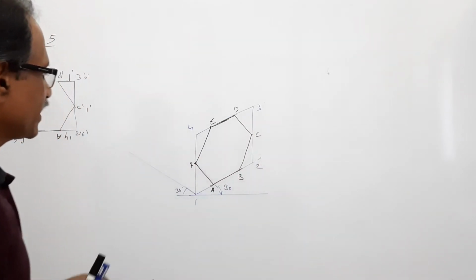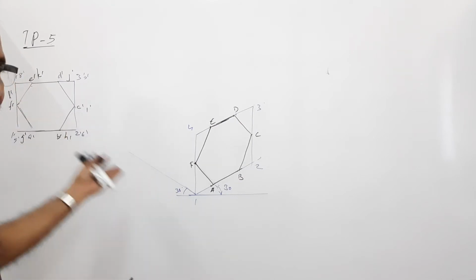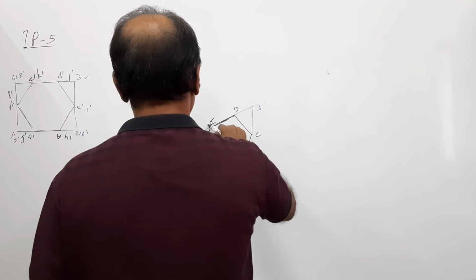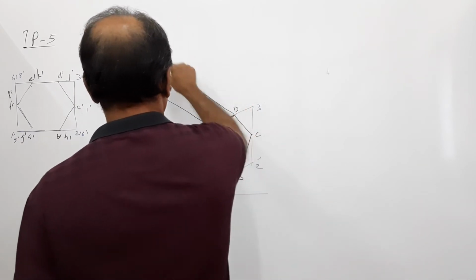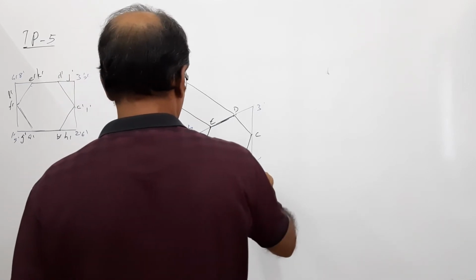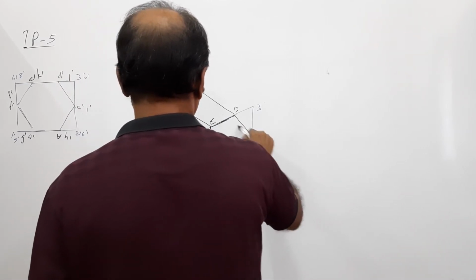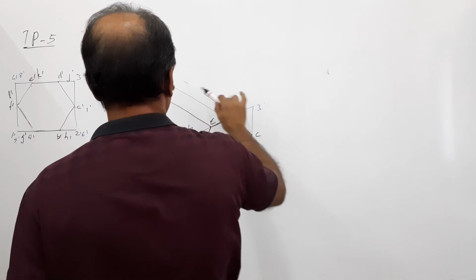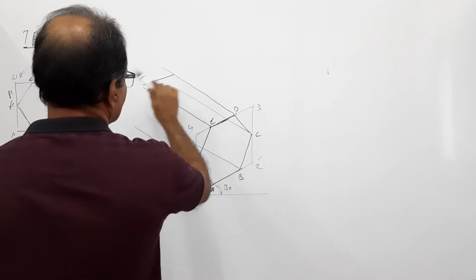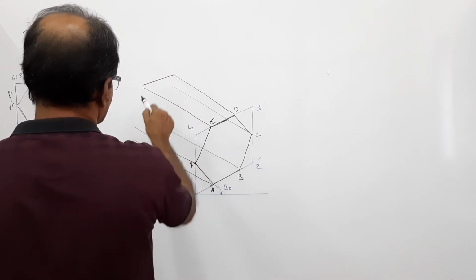Through these 6 points, draw lines parallel to this axis. The depth parallel to the axis. How much? 70. Connect.